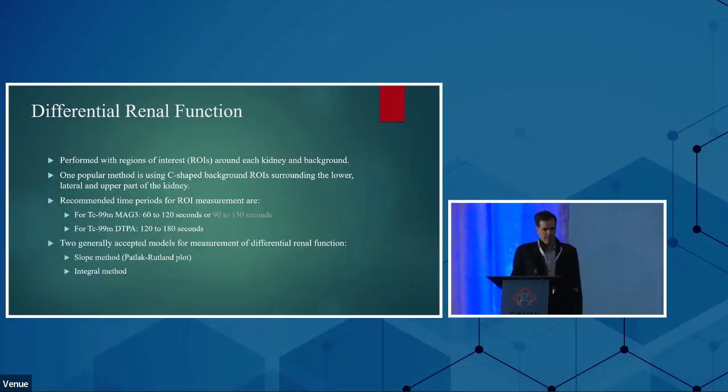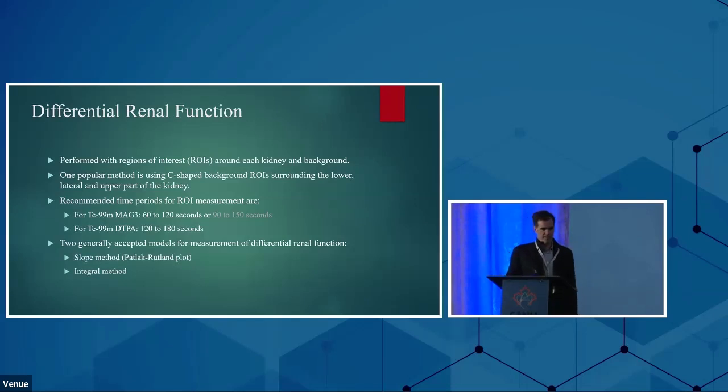The differential renal function is a very frequent quantification that is used in renal scintigraphy, but it's something that we need to watch out for because there are many ways to determine the background. One popular method is to draw a C-shaped ROI around the lower pole, lateral aspect, and upper part of the kidney to correct for background.